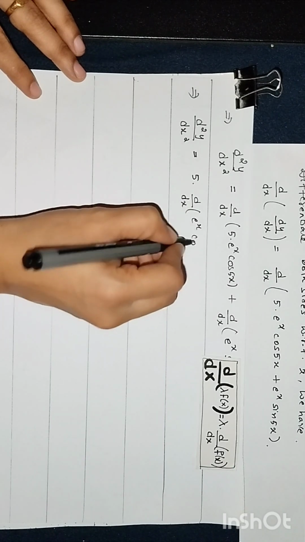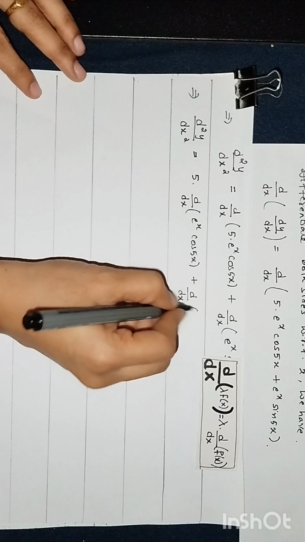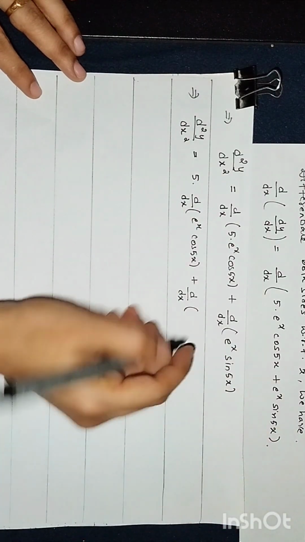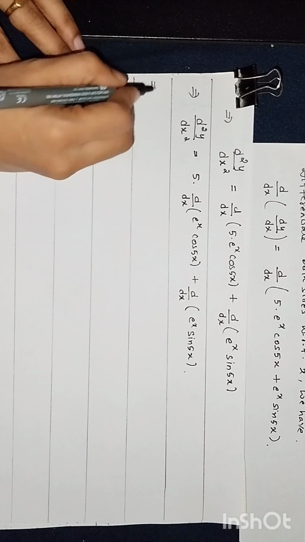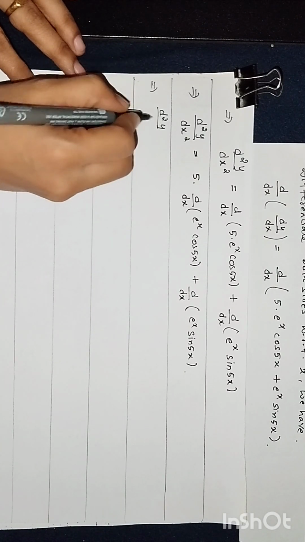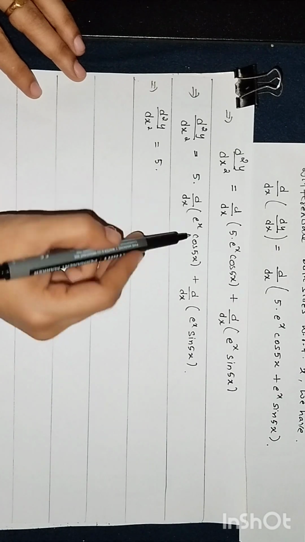So 5 into d by dx of e power x cos 5x plus d by dx of e power x sin 5x. Now how do we differentiate e power x cos 5x?